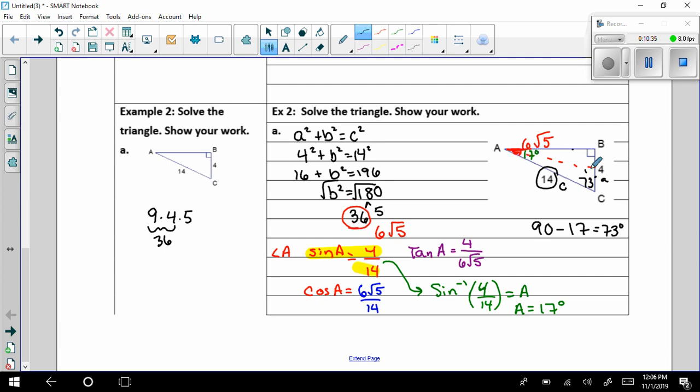That applies here. So the measure of angle A is 17. The measure of angle C is 73. And AB is 6 root 5. Those are all of the things we were missing from this triangle to begin with. So when it talks about solve, it's everything that you're missing.